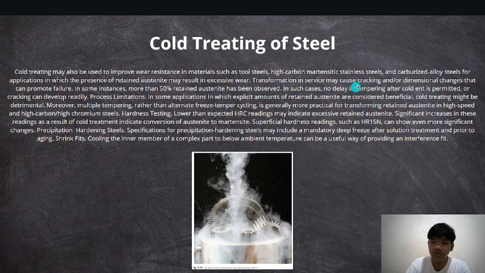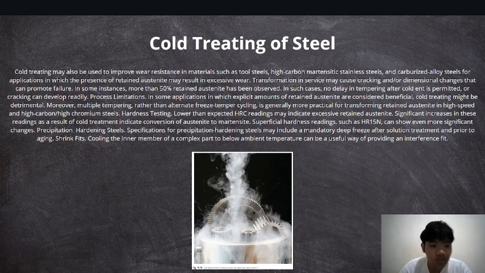Transformation in service may cause cracking and/or dimensional change that can promote failure. In some instances, more than 50% retained austenite has been observed. In such cases, no delay in tempering after cold treating is permitted, or cracking can develop readily.